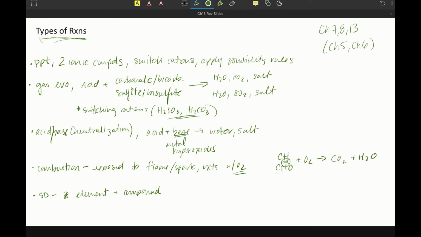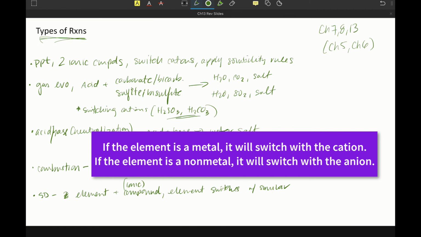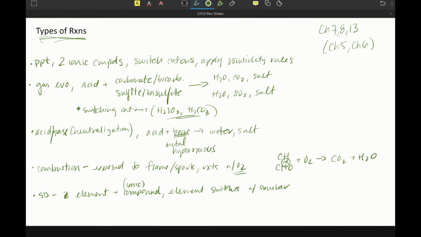Most often it's going to be an ionic compound, and the element will switch with whatever it is most similar to. Which means we'll look at the periodic table, and if the element is a metal, it's going to switch with whatever plays the cation. If the element is a non-metal, it will switch with the anion. So we just have to pay attention and look for those clues.